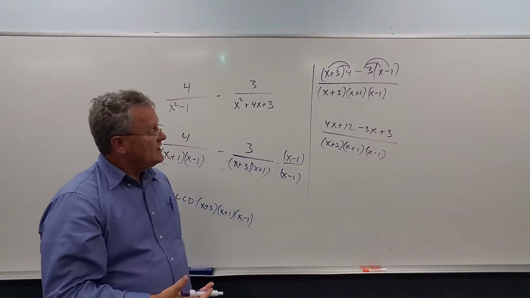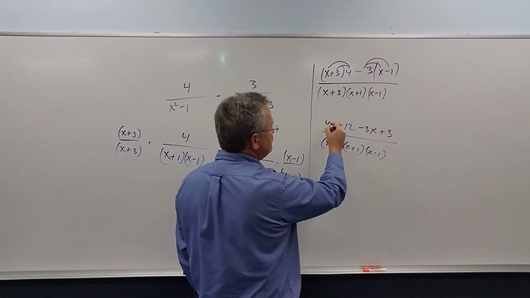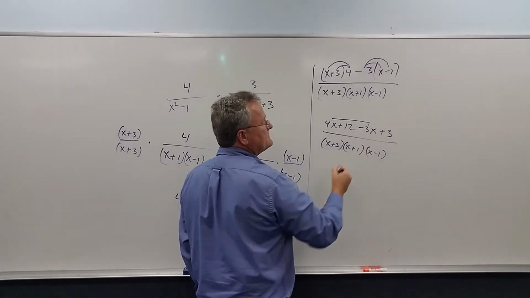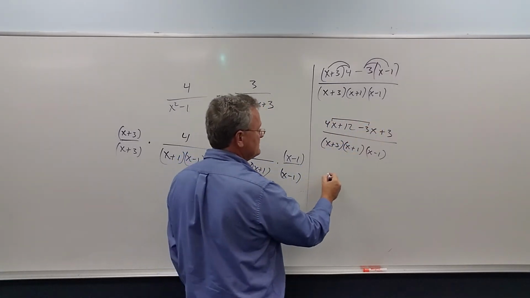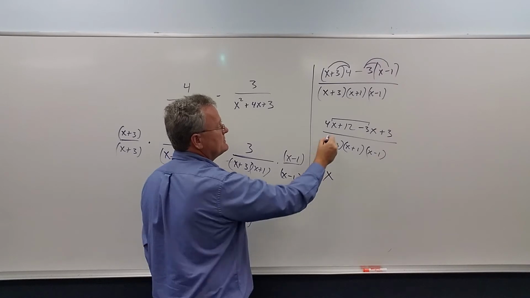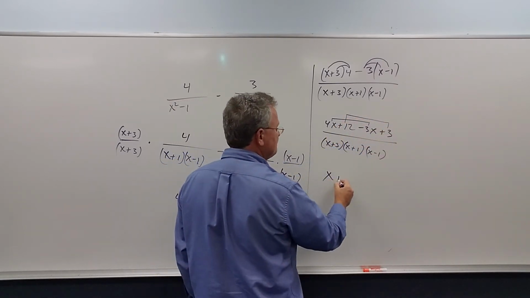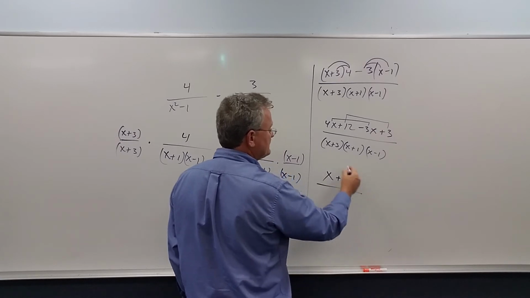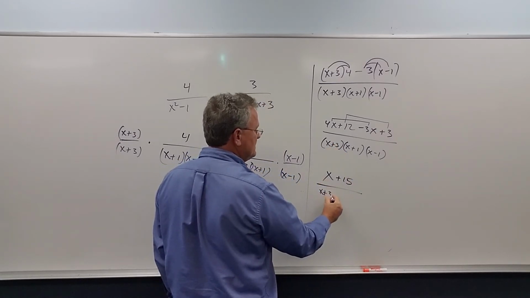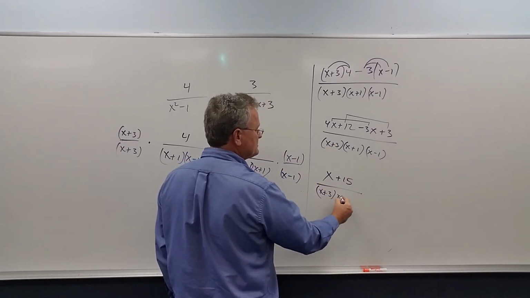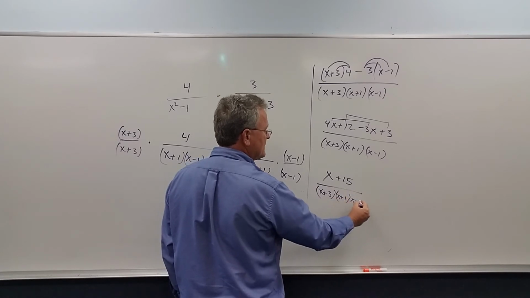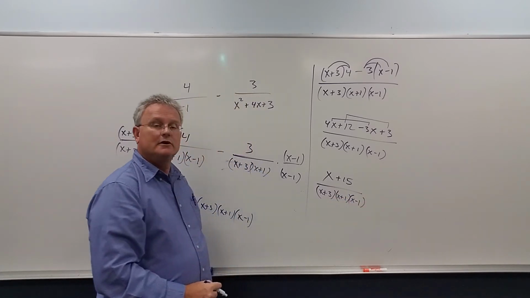Now simplify. 4x minus 3x is 1x, or x. 12 plus 3 is 15, and that's over x plus 3, x plus 1 times x minus 1.